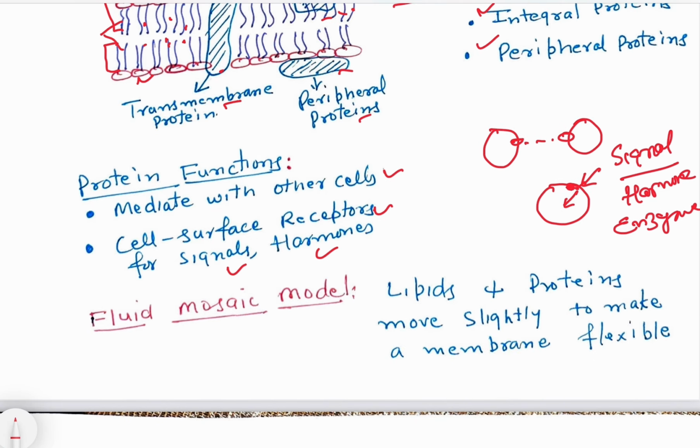Cell membranes have a model called the fluid mosaic model. Why it's called the fluid mosaic model is because the lipids and proteins that these cell membranes are made of are slightly movable. Okay, that makes those cell membranes flexible.